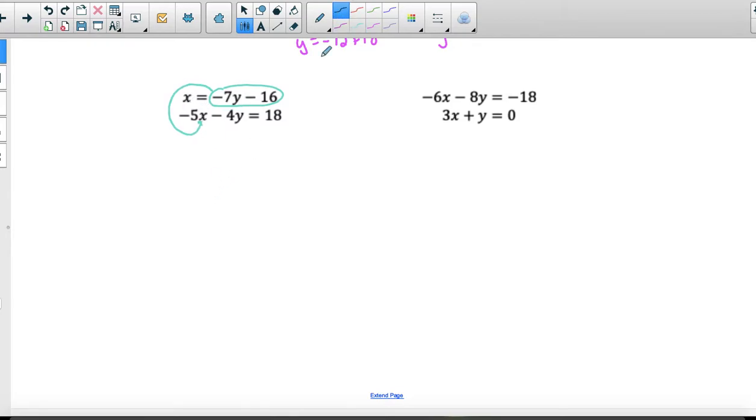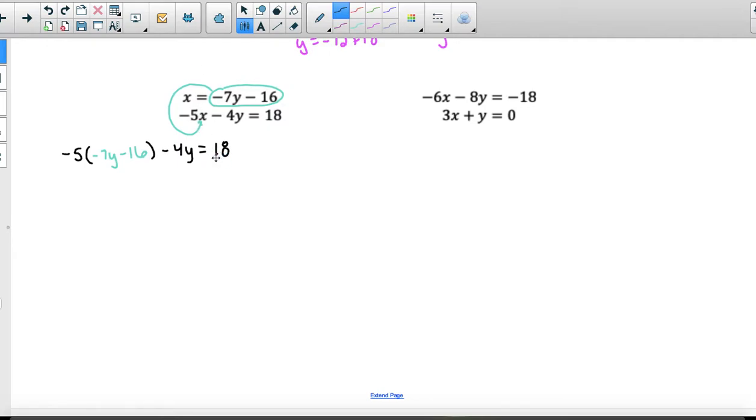So what this becomes, since I circled the information on the top, I have to focus only on the bottom. I have negative 5 times, since I'm plugging something in for x, I put in that negative 7y minus 16, and then I continue on: minus 4y equals 18.